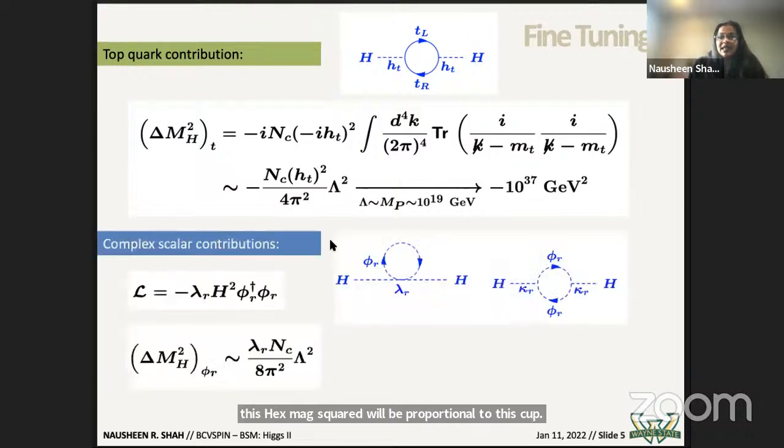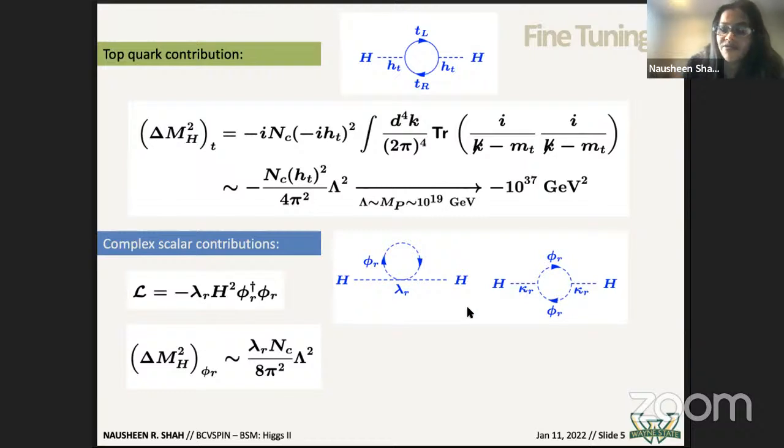And similarly, if you had additional scalars beyond the standard model, they can have different couplings to the same HH thing, to this delta MH squared, and they would also have this contribution proportional to whatever cutoff you have.